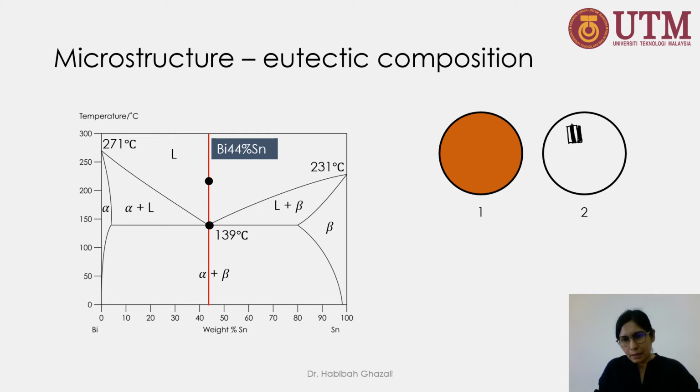You probably have another one in this direction: alpha starts to nucleate next to beta. You will have another one, let's say like that. Alpha nucleates next to beta, right next to each other, and this process will keep going.